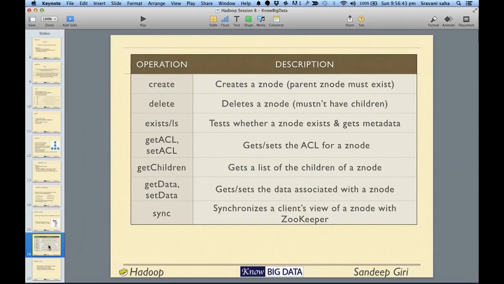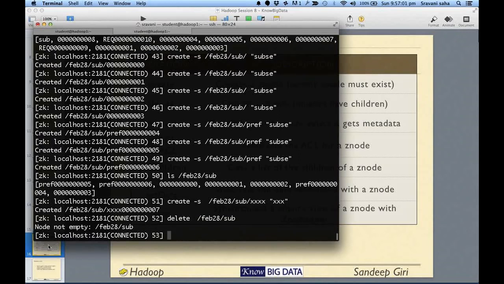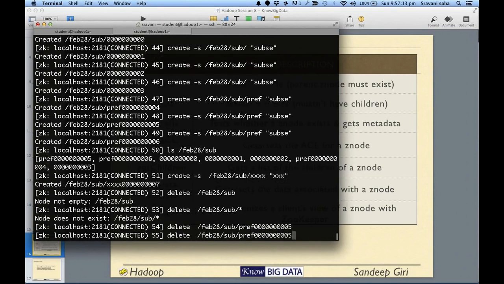These are the general operations. We talked about create. Create creates a znode. We saw that. And if you want to delete a node, we can delete using a delete command. We can say delete, and we will just delete the sub. But it wants it to be empty. We have to delete one node at a time.